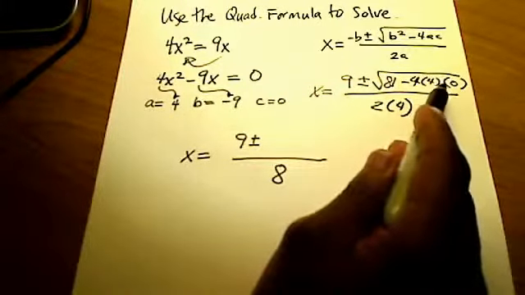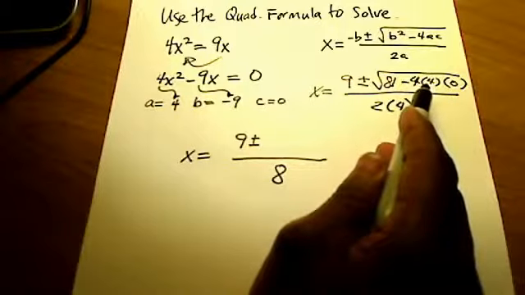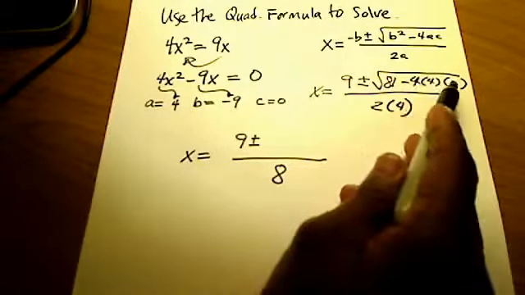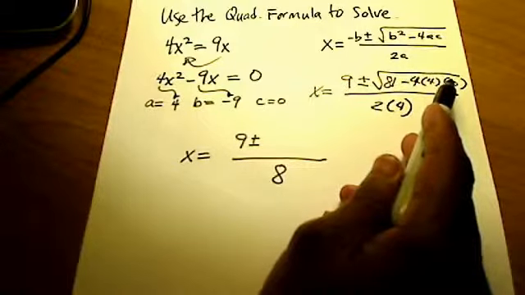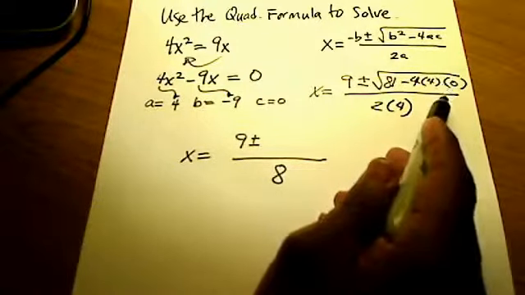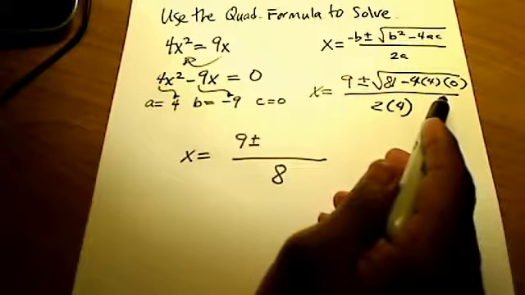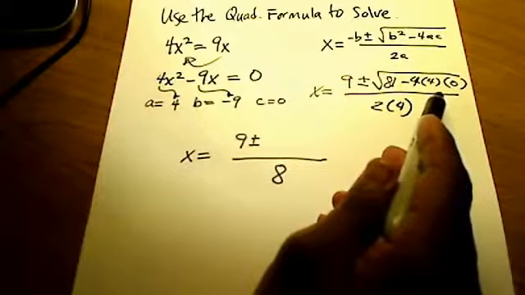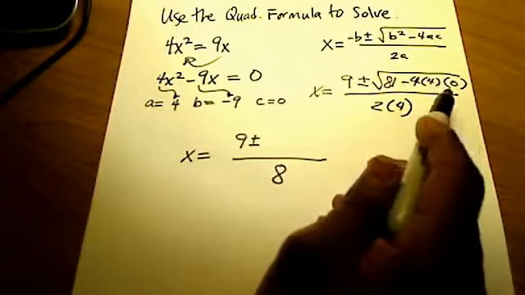But let's take a look a little bit more closely at what's happening inside of this square root. Now keep in mind that if all of this stuff inside the square root shrinks down to be a negative number, then you can stop right there because the square root of a negative number is not real. We don't have to solve that, at least not for Mat 099. So let's start with this.